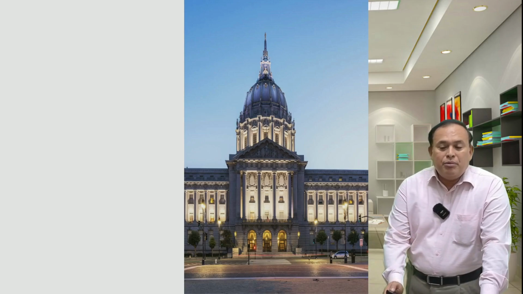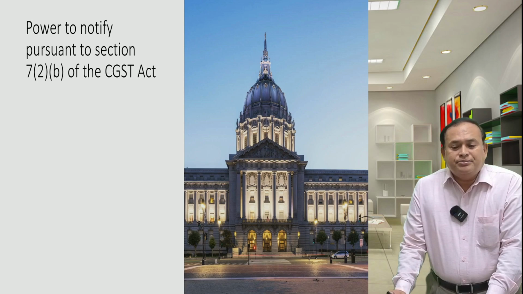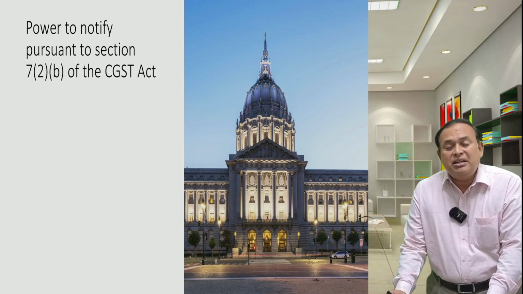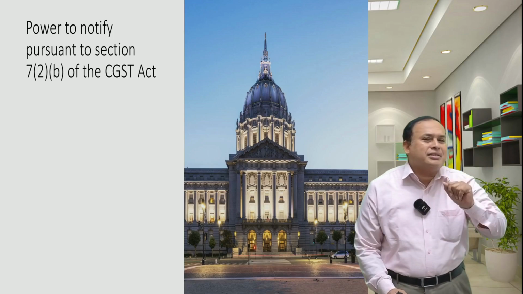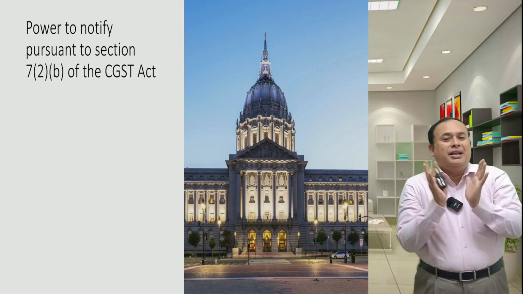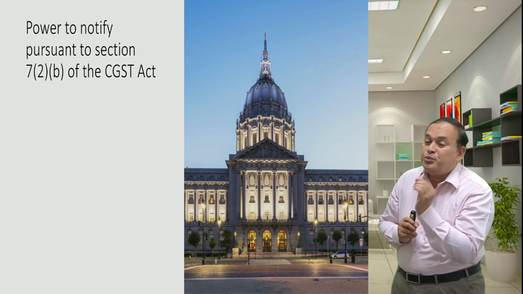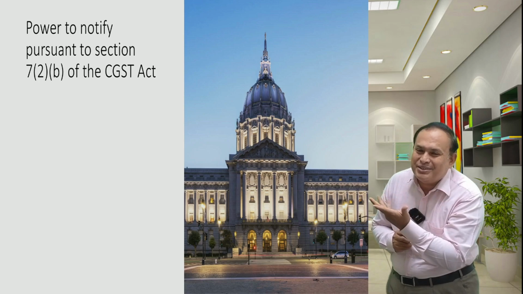Further, now coming to an example here. Power to notify pursuant to section 7, subsection 2, clause B of the CGST. Somewhere we come across under the scope of supply, supply excludes section 7, subsection 1, clause A, schedule 3 transactions.